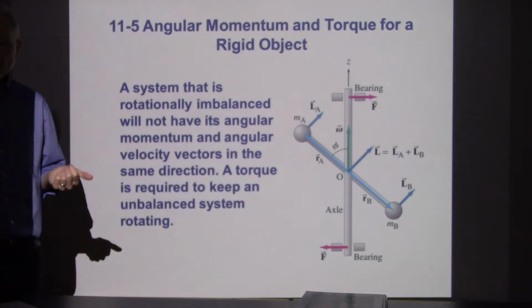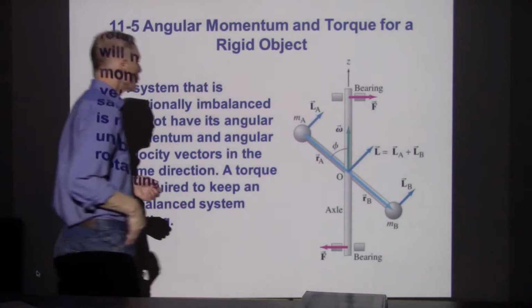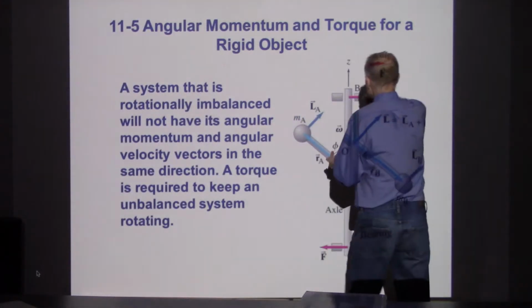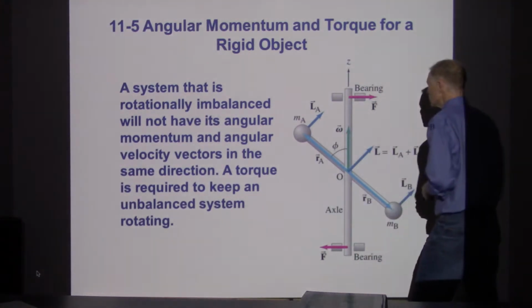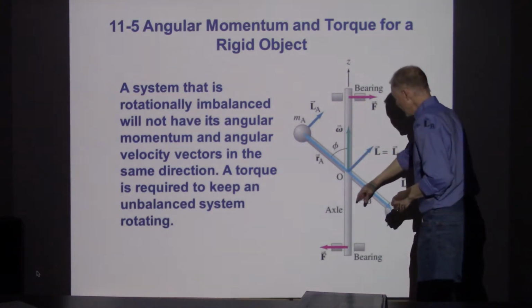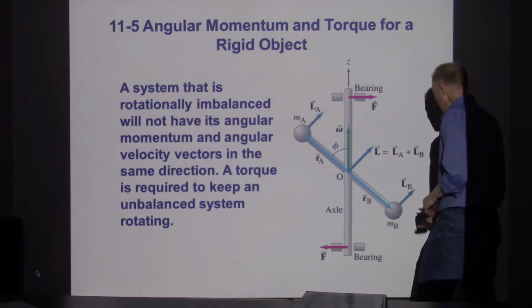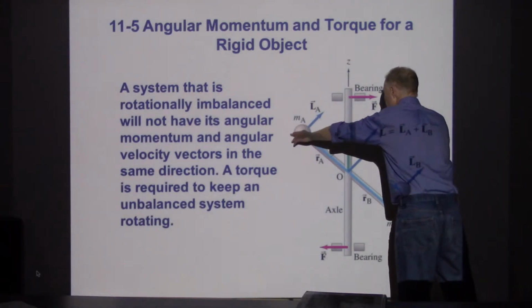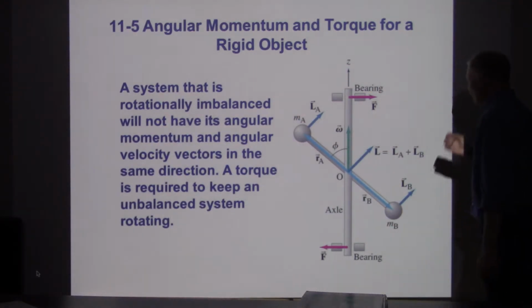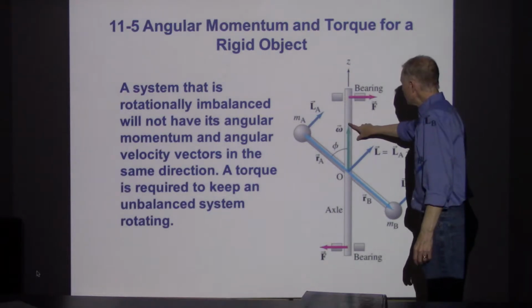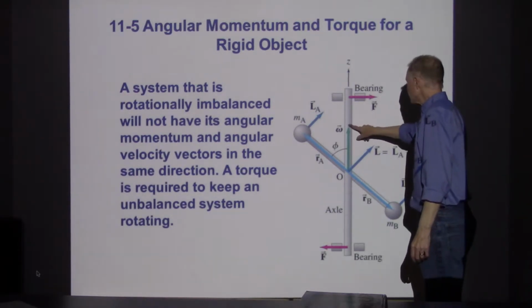So here's an example of something where we're trying to rotate this mechanical structure around an axle. Here's an axle, here's some bearings, but what we've done is we've placed the masses so that they're not symmetrically placed with respect to the axis of rotation.